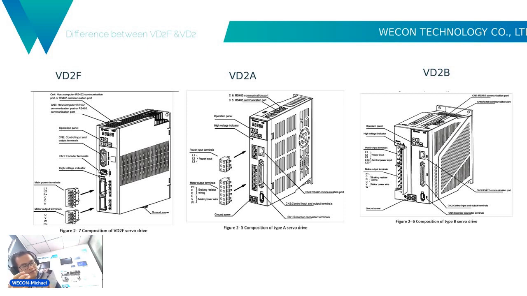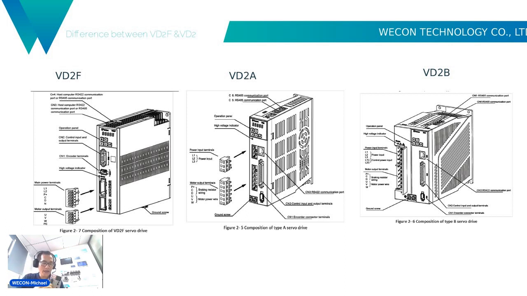For power supply, on the top of VD2B there are L1, L2, L3, which you need to connect to 220, and also L1C and L2C, which you need to connect to 220 power supply too. So the control mainboard needs to connect to 220 power supply, and the power mainboard needs to connect to 220.